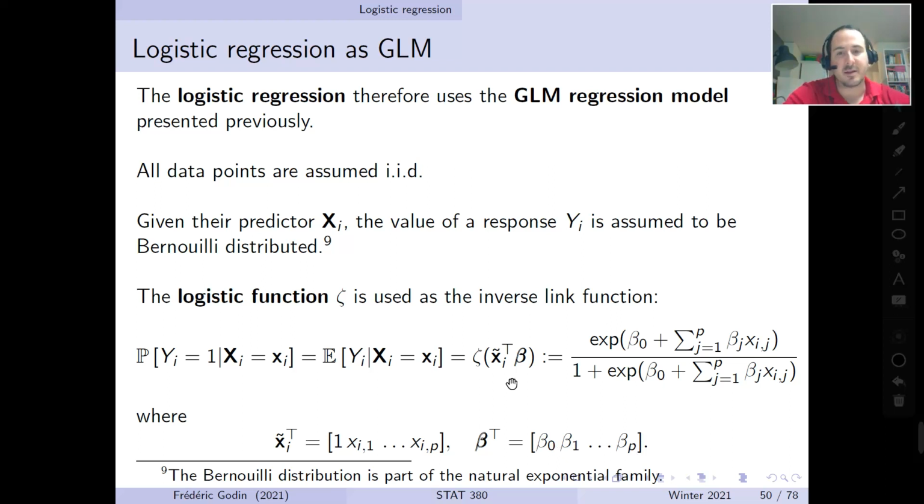So indeed, using the logistic function ensures that for any values of beta and any predictors, the predicted expected target, which is the probability of being in the first class, is a quantity between 0 and 1, so this is a legitimate probability.